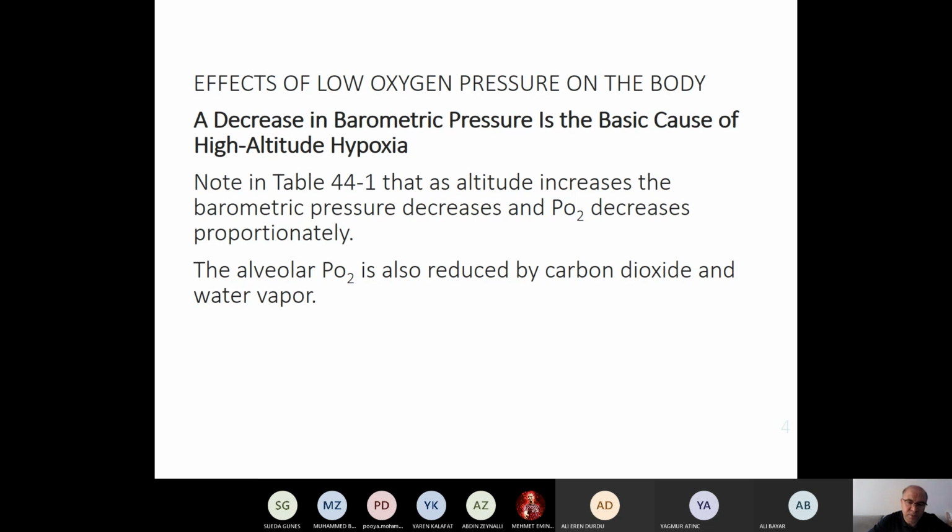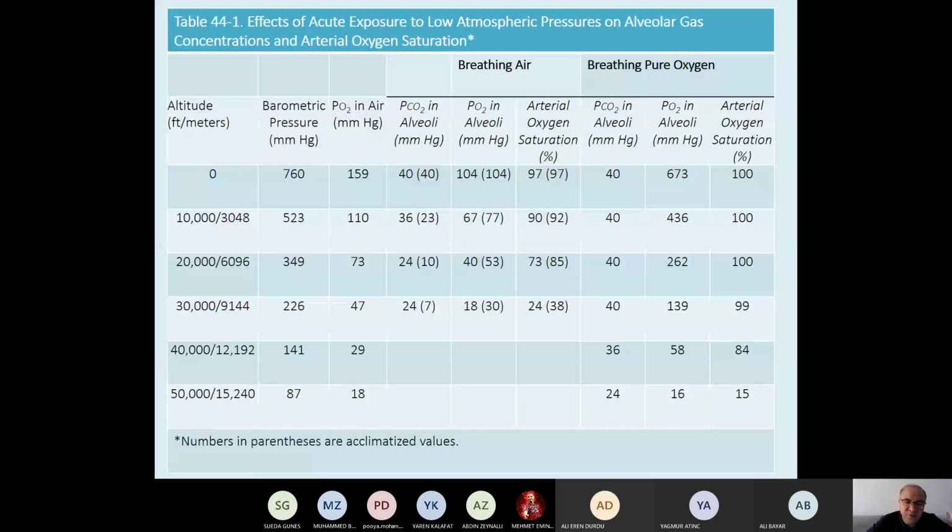So the alveolar oxygen partial pressure will also be reduced by carbon dioxide and water vapor. This table we will see a few times during this presentation, at least 2 times.